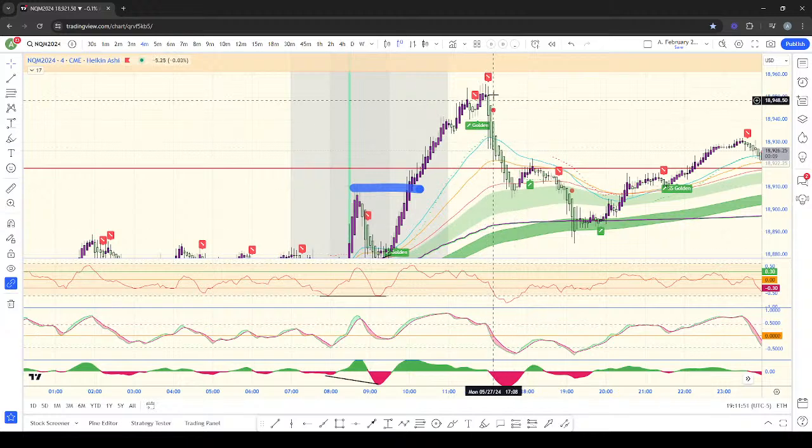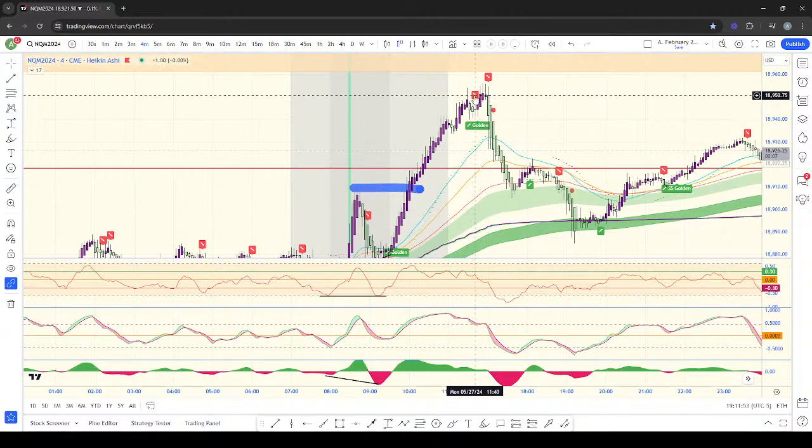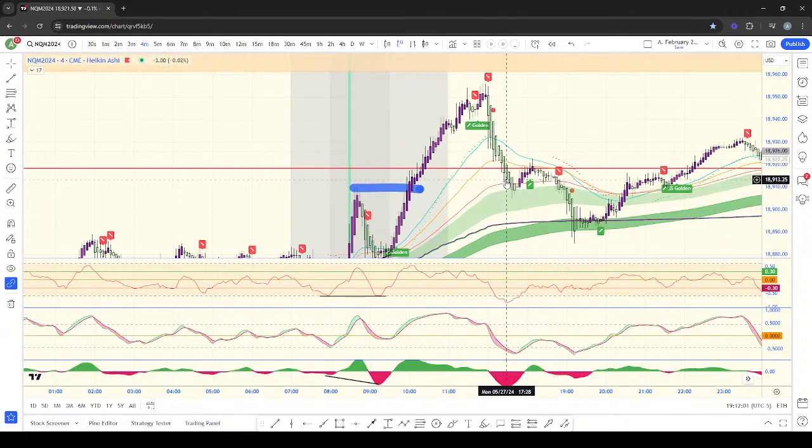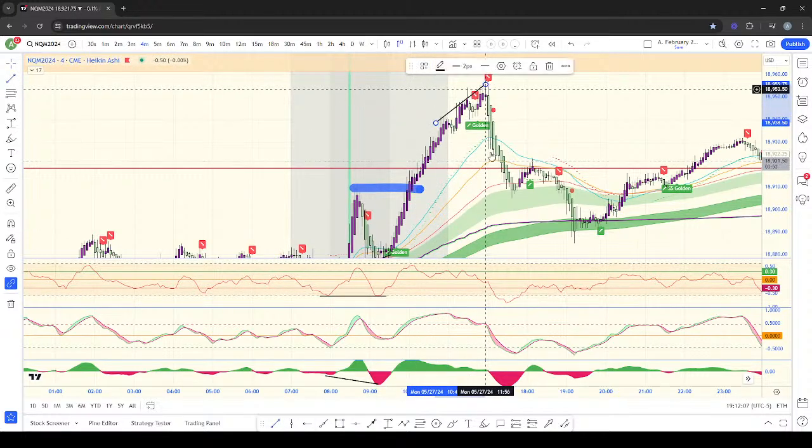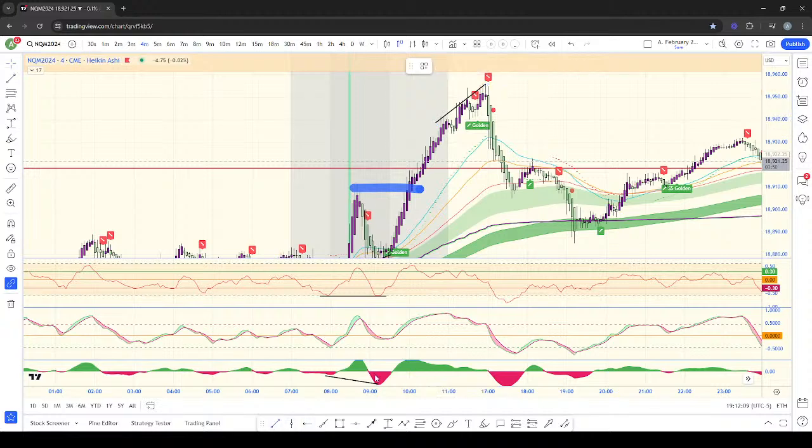So even if you did get in on this first reversal signal, it's okay. You would have had a little bit of a drawdown, and price just pushed really nicely. But here is that nice bearish divergence that I was talking about.